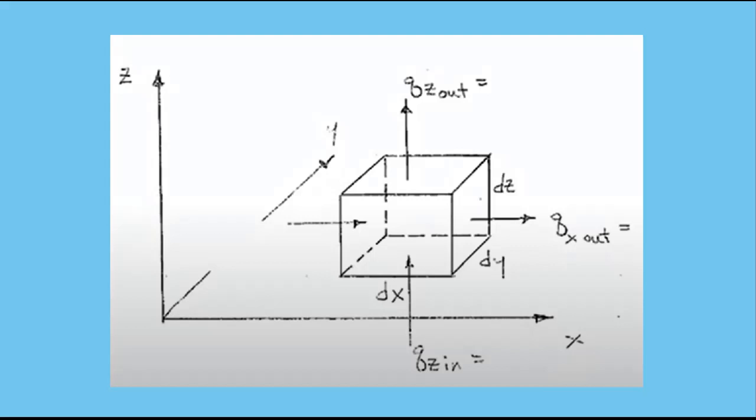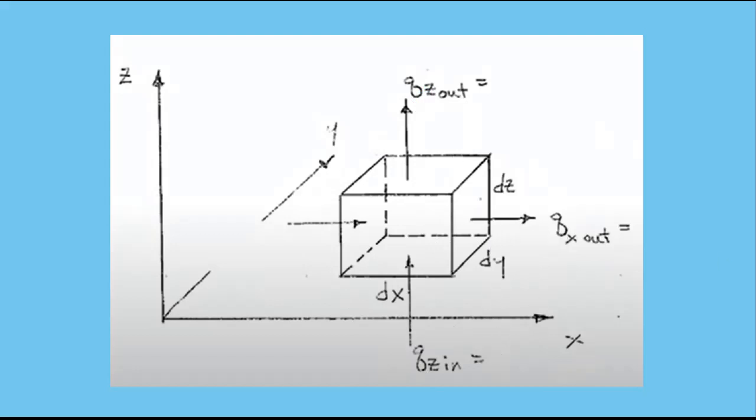So, we simplify the flow situations to two-dimensional and analyze the flow. As you can see in the figure, we have three directions: the x direction, the y direction, and the z direction. But in our case, we just have to consider the x direction and the z direction.